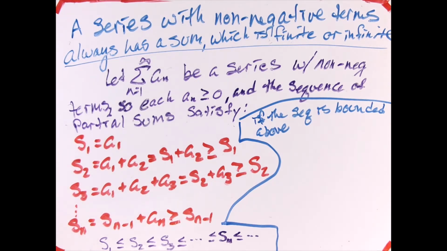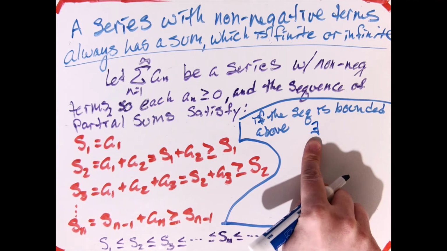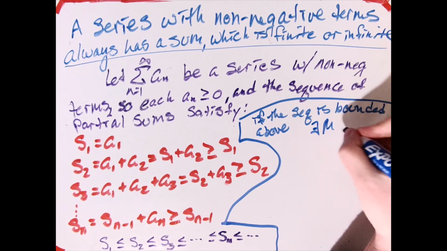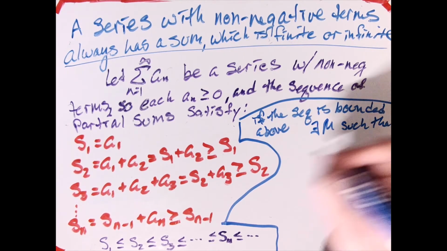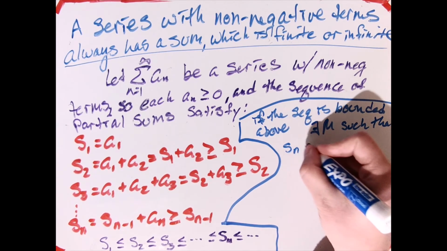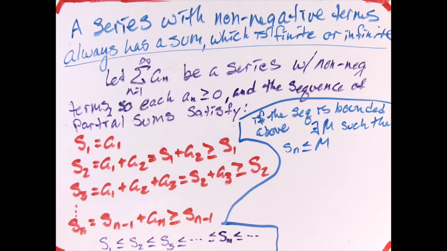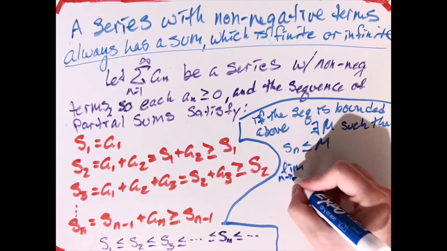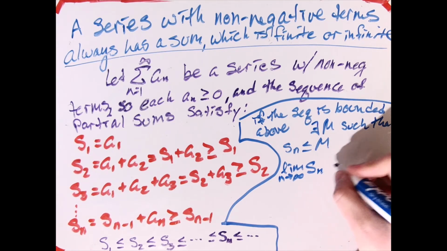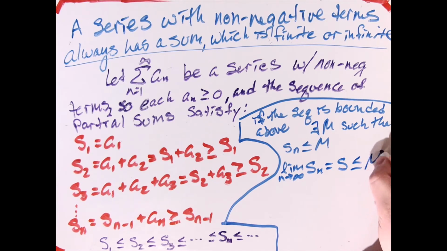A bounded monotone sequence does converge. There exists an M such that every s sub n is less than or equal to some big M, and then because of that, the limit of the partial sums has to be some s, which is less than or equal to M.